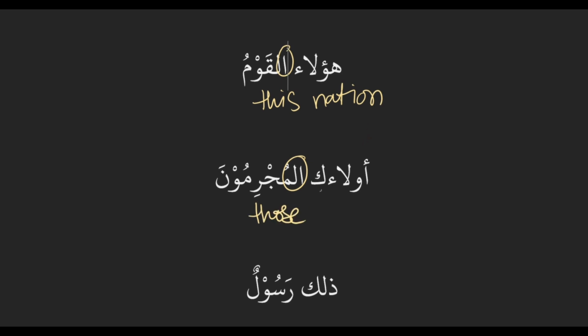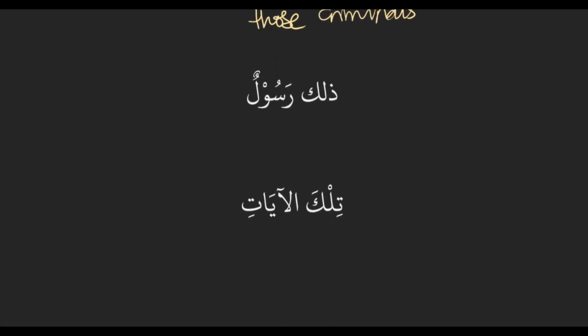No. When we point in English, do we say those the something? No. We just say those something, so just those criminals. So we're not translating the L here? Yeah, when you have a pointer, you're never going to translate the L because that's just not what you say in English. You don't say this the nation, those the criminals, so you'll never translate the L.